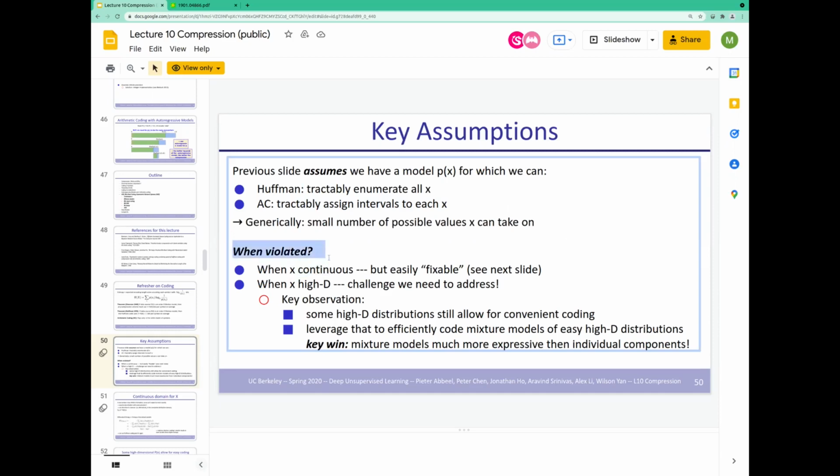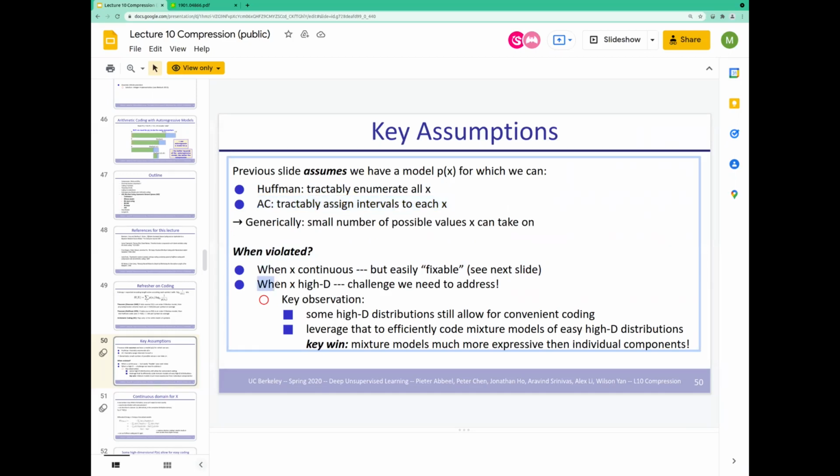Okay, when are these assumptions violated? There are two ways. When x is continuous, obviously it can't be enumerated and you can't assign an interval.